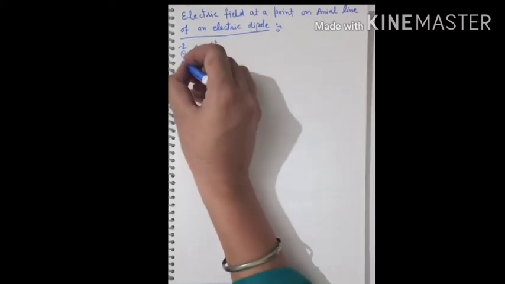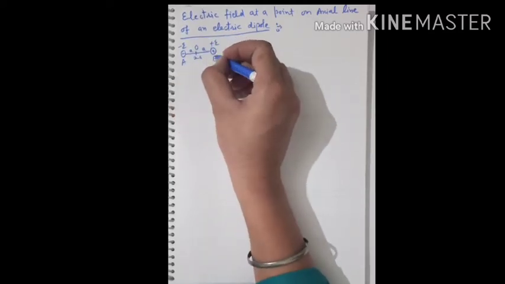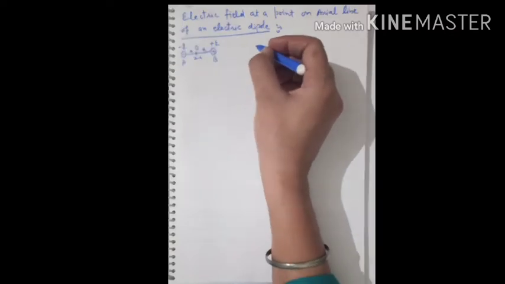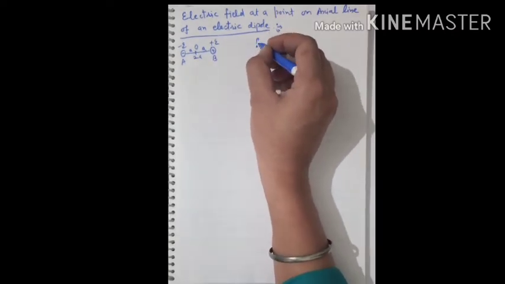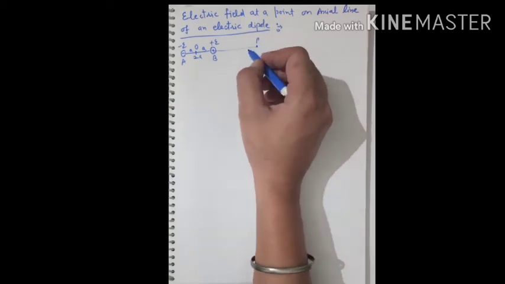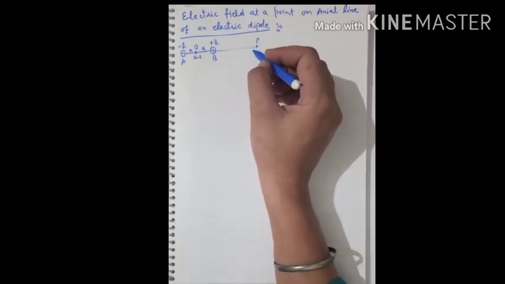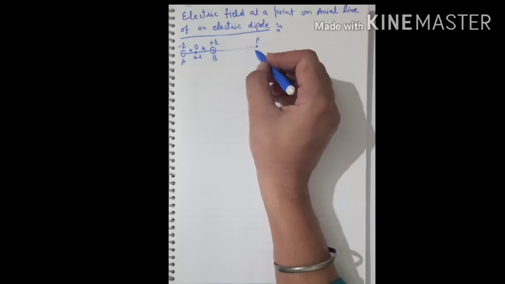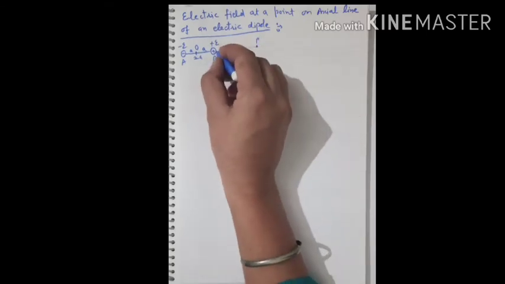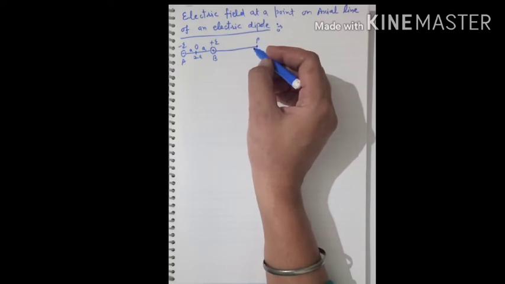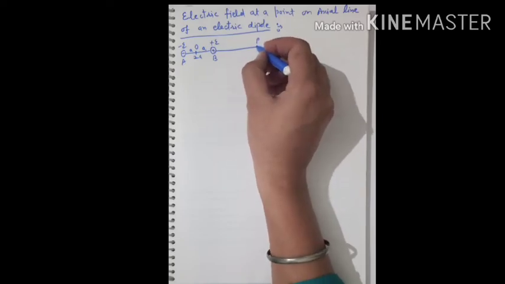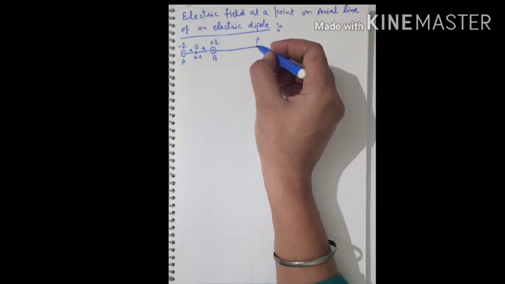Say this is point A and this is point B. Now consider point P on the axial line of the dipole. The line joining the two charges is called the axial line.